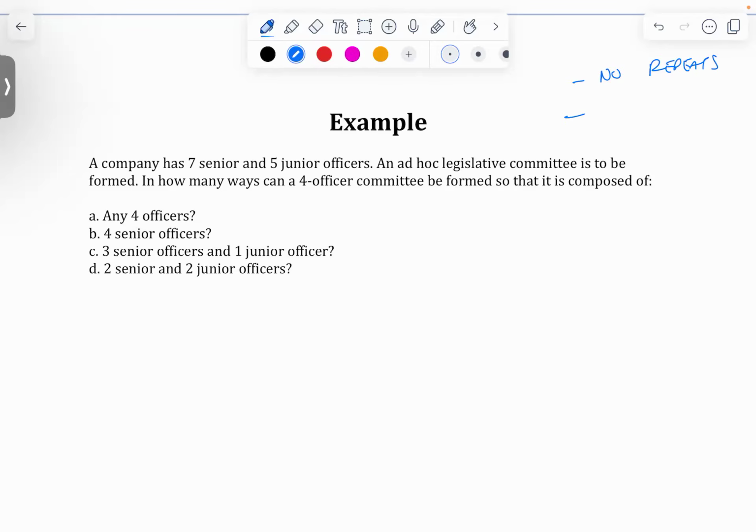And then we're just creating these various committees, which means order does not matter. Which means that everything we're looking at here is a combination.